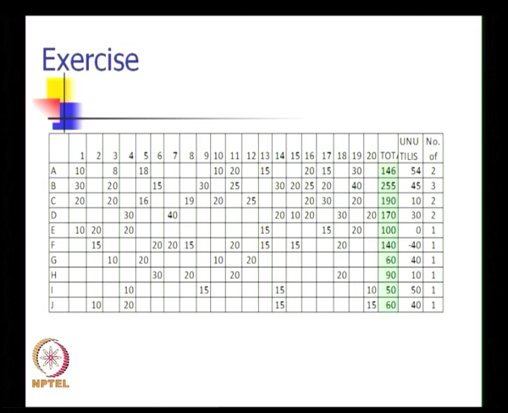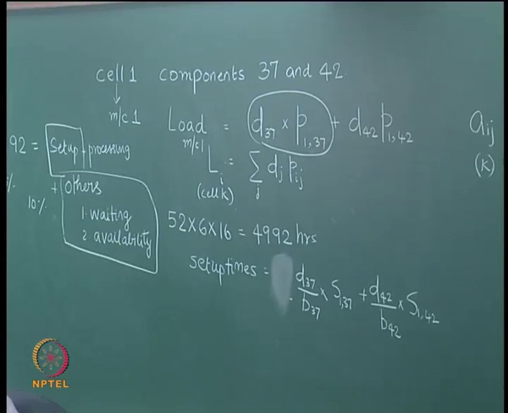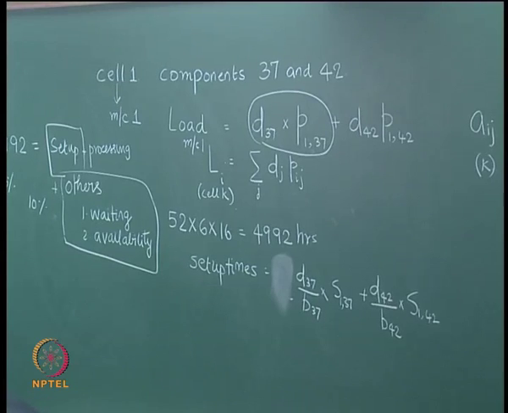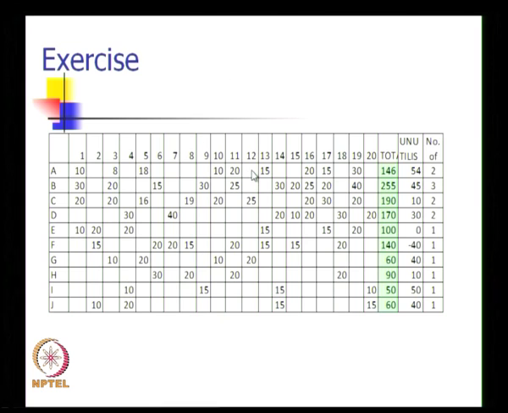So, one would say that this component takes 8% of the load of machine A and visits machine A. So, this is another way of representing input data to production flow analysis.